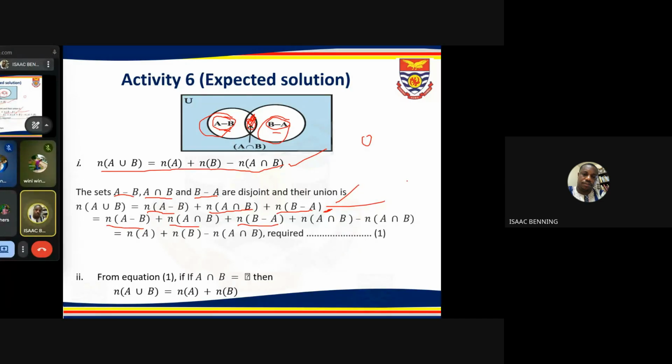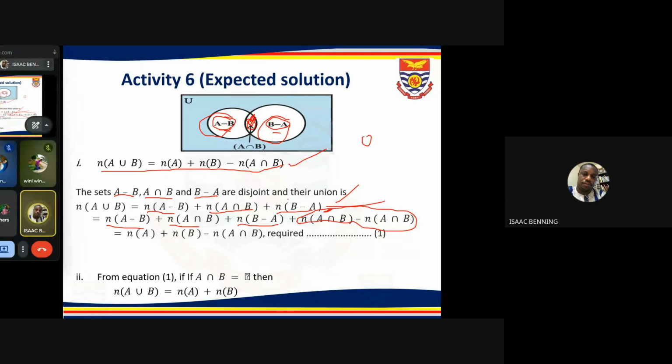And what do we mean by zero identity? When we add number of A intersection B minus number of A intersection B, this will give us zero. Do you agree? Yes, sir. So invariably, it's the same expression that we have maintained.